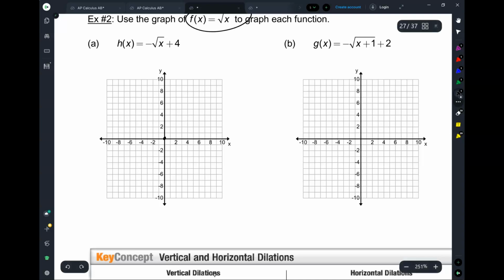It has an endpoint here at 0, 0. Now, if I go over 1, how much do I go up this time? Not 1 squared, not 1 cubed. Square root of 1, so 1.